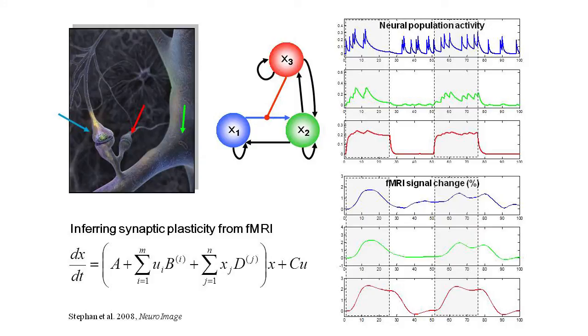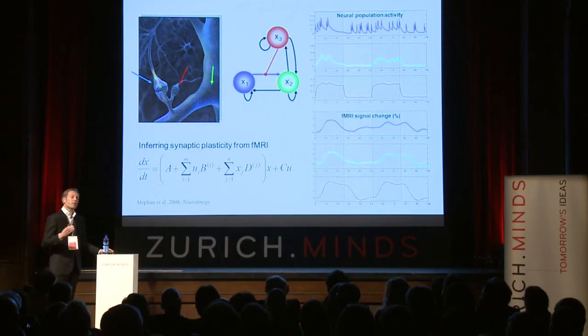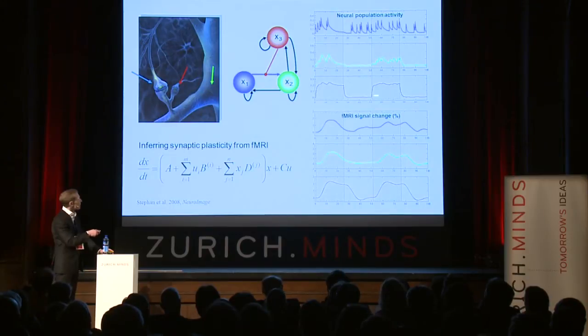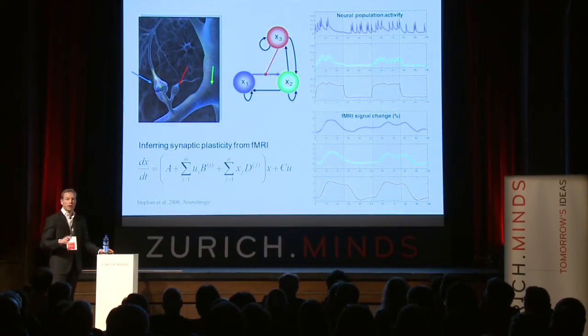And we can now obtain measures using fMRI that look relatively coarse and washed out. And given an appropriate model, we can infer on the most likely underlying neuronal state, under the mathematical constraints imposed by the model, and get quantitative estimates, numbers, of the synaptic plasticity underlying our signals.